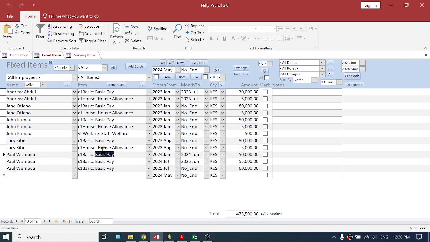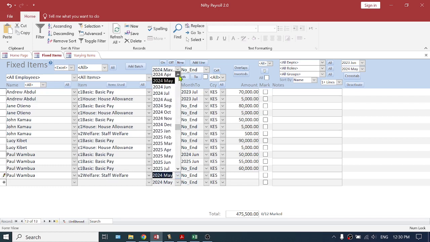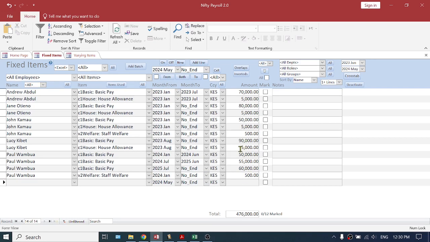In these examples, you can see house allowance, and even deductions could come in here. So let's say staff welfare. I know that I usually deduct a staff welfare amount from staff of, say, 500 shillings, and it doesn't change generally speaking. I can represent it like that, right? So that is fixed items.